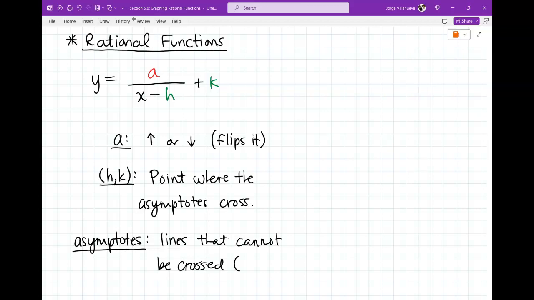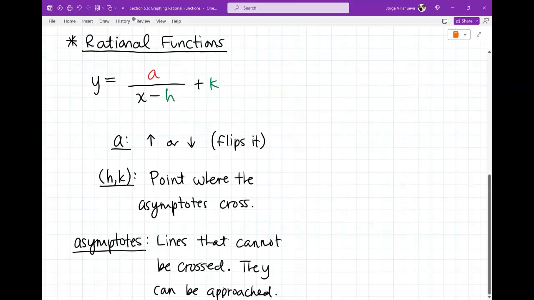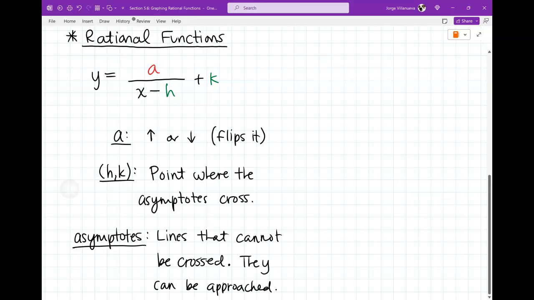And I'm going to put right here, they can be approached. So lines that cannot be crossed, but they can be approached. That means you can get real close.